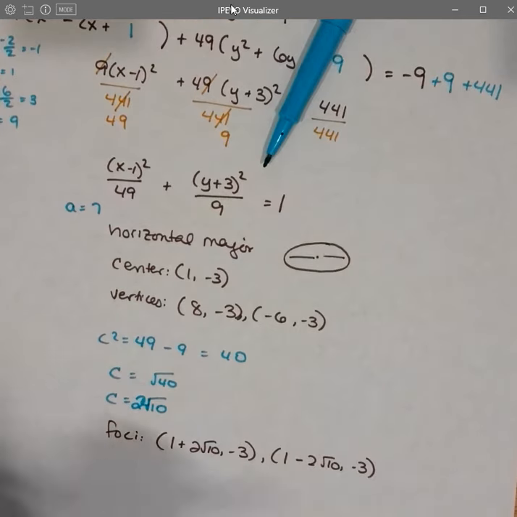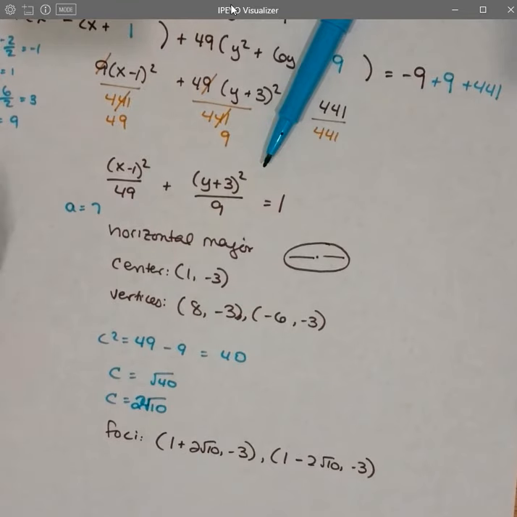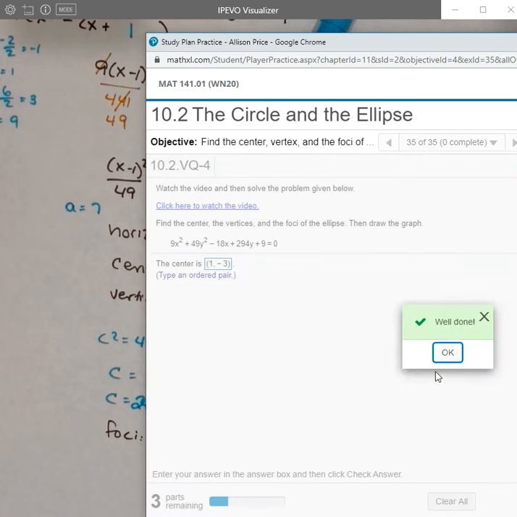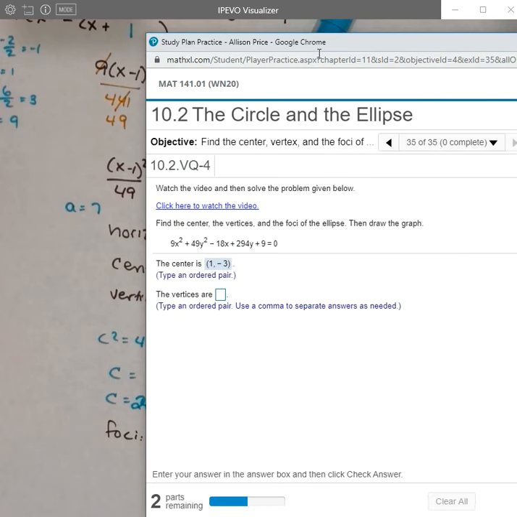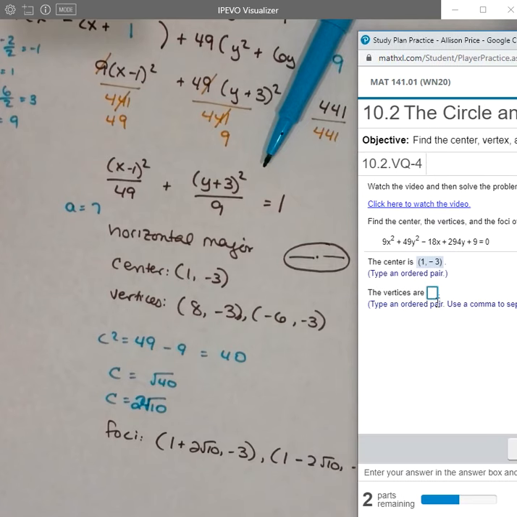So let's get some of these things checked, and then we'll see what graphing looks like on one of these. Alright, so our center, 1, negative 3, that's the first thing we need. Good, and then our vertices, separate those ordered pairs. So they are 8, negative 3, and negative 6, negative 3.